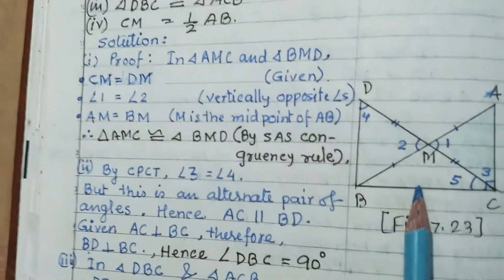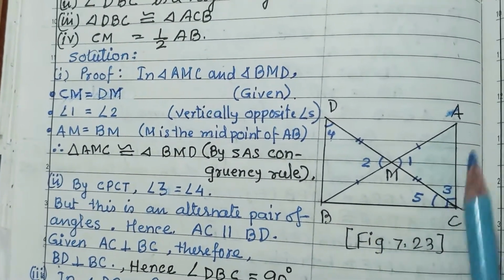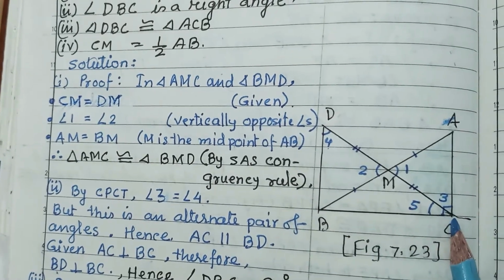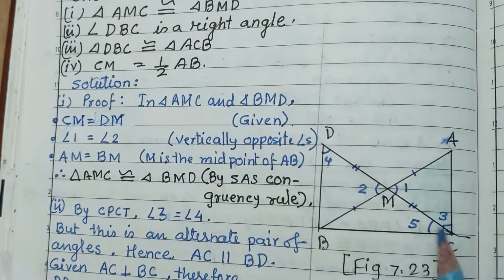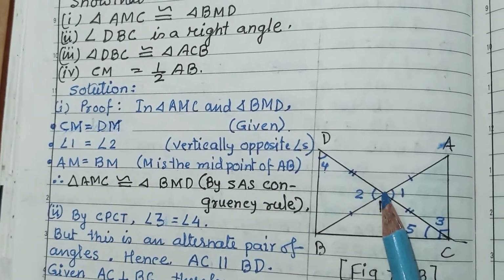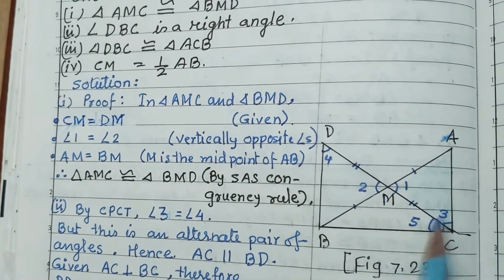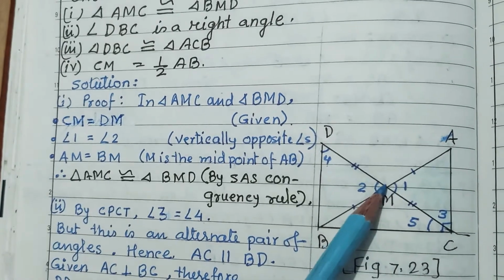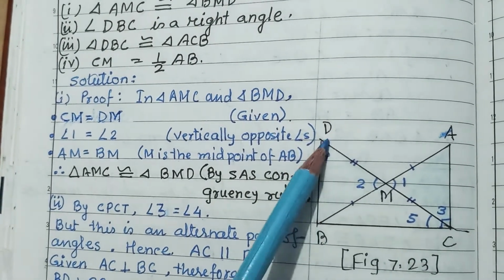In this figure, it is given that ABC is a triangle with right angle at C. M is the midpoint, therefore BM is equal to AM. And join CM and produce to D as CM is equal to DM.